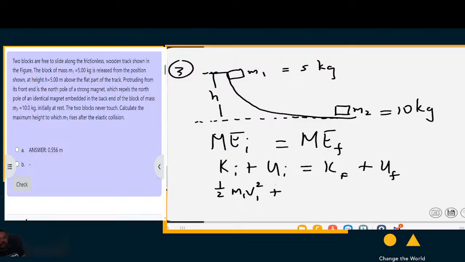The potential energy. So first we need to find this v1. Okay, the speed of m1.